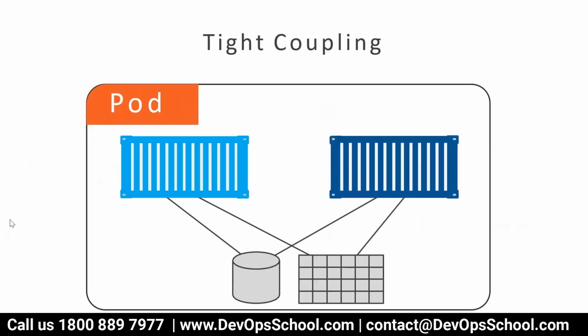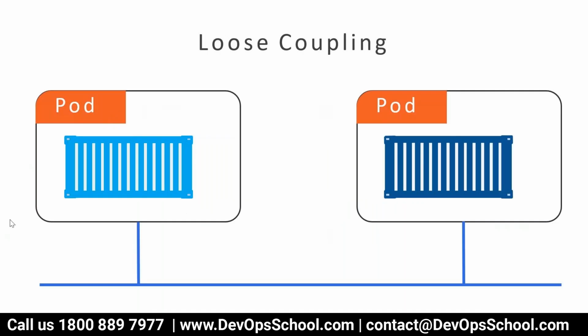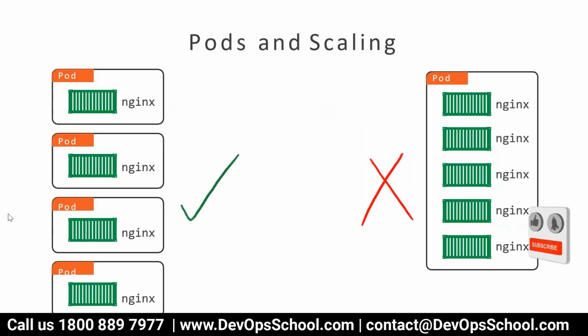When you have two containers in the same pod, that's called tight coupling. When you have one container per pod, that is called loose coupling. When you design a pod, you should not keep multiple similar containers, because it will not make sense: the pod has an IP address, not a container.